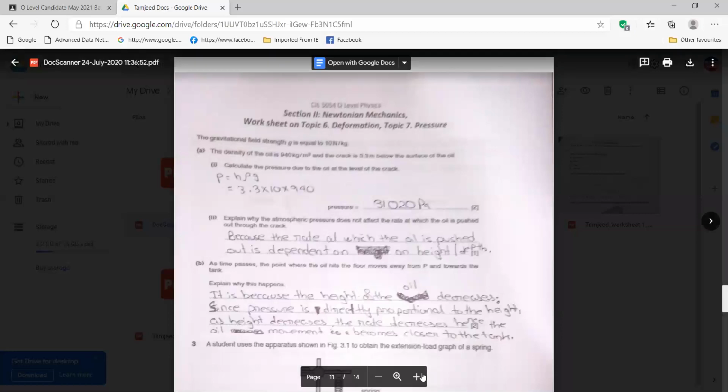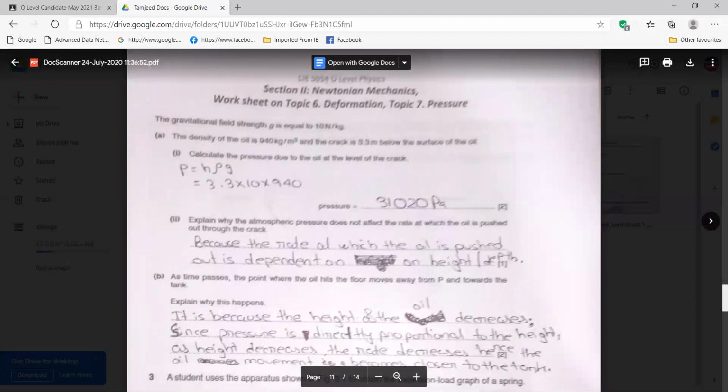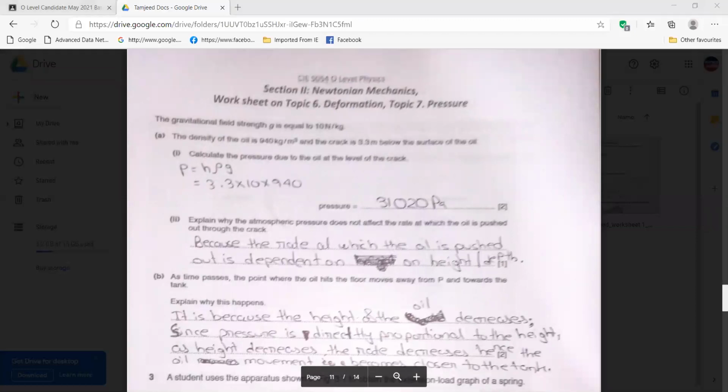A small crack appears in an oil tank and a stream of oil is pushed out through the crack. The oil hits the floor at P where a puddle of oil starts from. Here 2.1 shows the oil tank. They are asking about the atmospheric pressure, right?